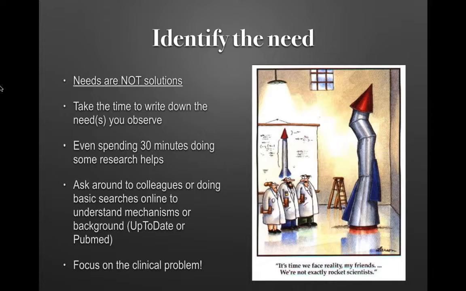This could be as simple as a way to decrease excessive bleeding, a way to reverse a procedure, a way to make something more efficient, more manageable. These are sort of general areas that you can consider during your time on service or clinic.